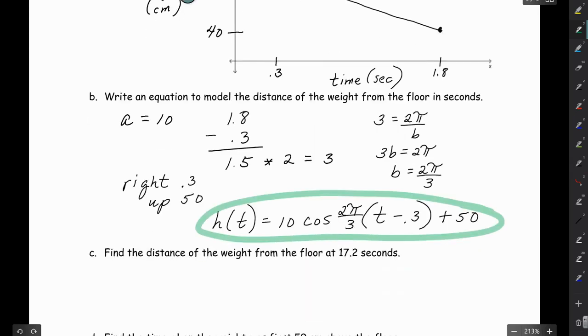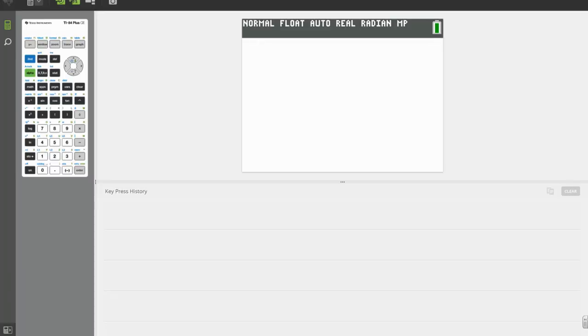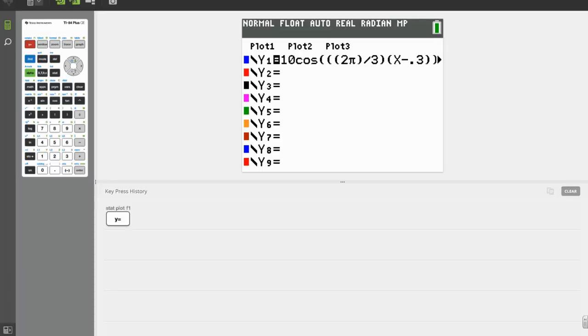Find the distance of the weight from the floor at 17.2 seconds. So in other words, we have to input 17.2 into our equation to solve. I'm going to use my calculator to do that. We're going to go to y equals, and we're going to enter the equation. And be very careful when you enter this equation that you use parentheses.